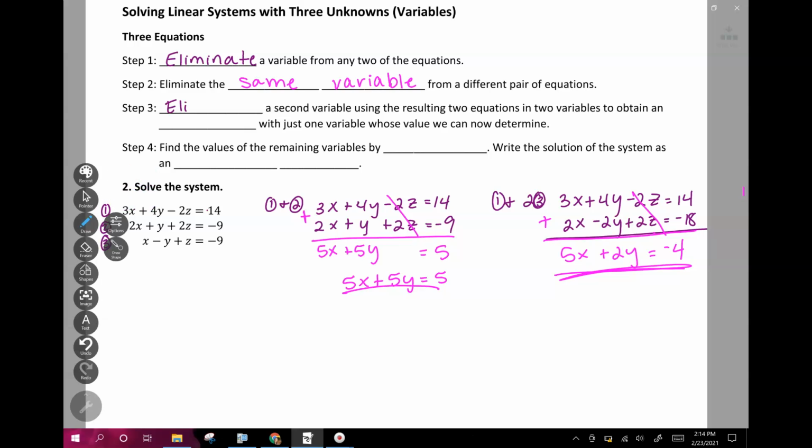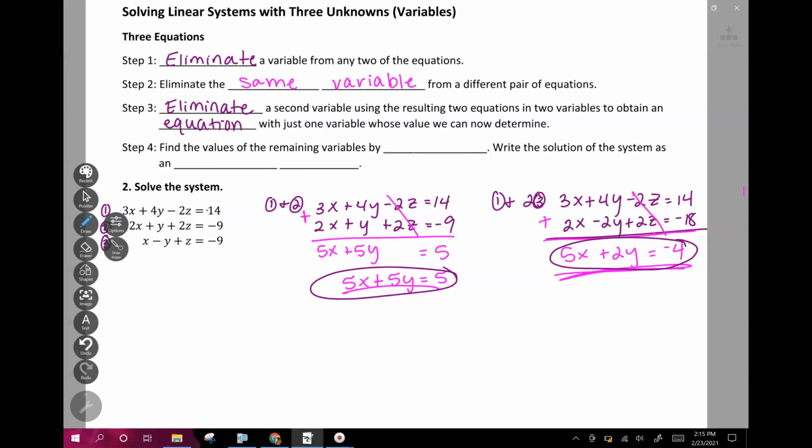We want to eliminate a second variable using the resulting two equations in two variables to obtain an equation with just one variable whose value we can now determine. So basically that was the long way of saying I'm going to take these two equations and either do substitution or elimination to solve for one of the variables.